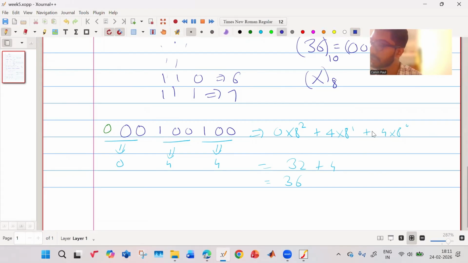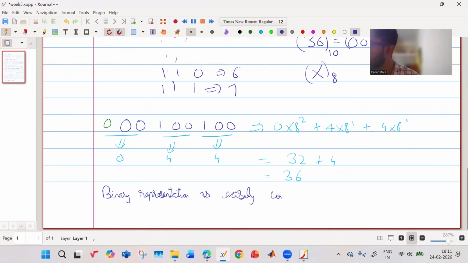So the conclusion is that binary representation is easily converted into octal representation by grouping 3 bits.